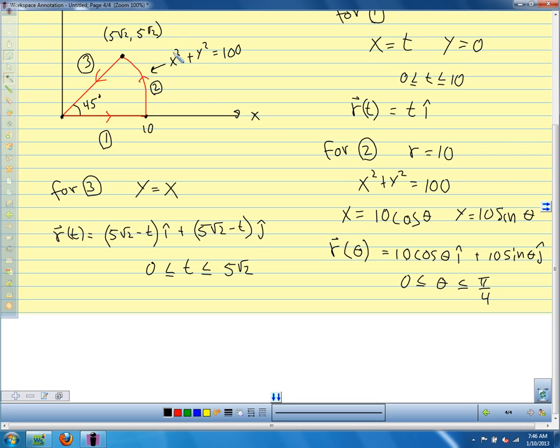All right. Any questions before we move on? So what I'm hoping to accomplish in these first two lessons about vector valued functions is that we're going to be using vector valued functions for a lot of different things over the course of the entire semester.